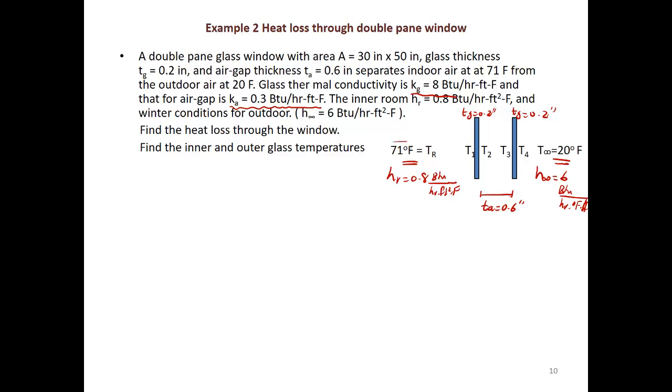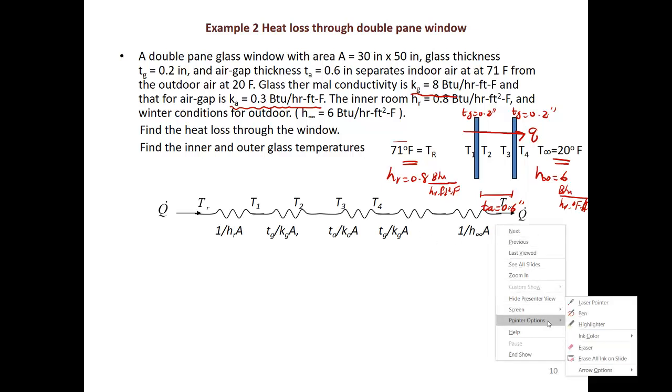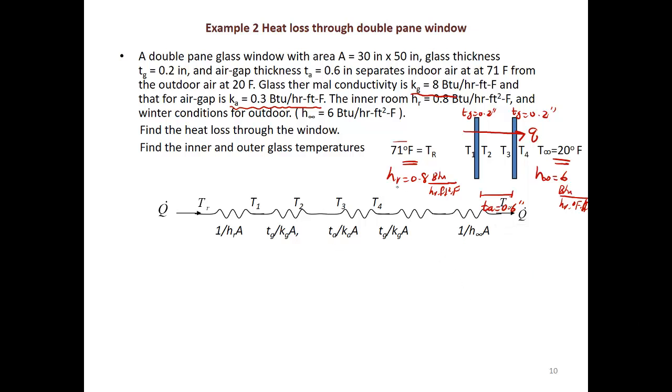Now that's at 71, that's 20. So first you need to put your Q, it's going in this direction. You can draw your thermal resistance. We have first the 3 materials. We have glass and glass right here.